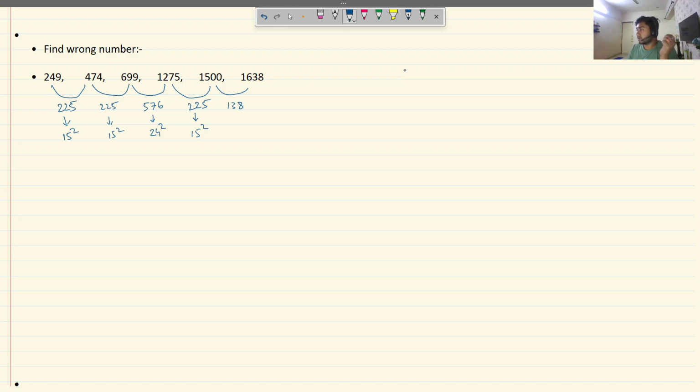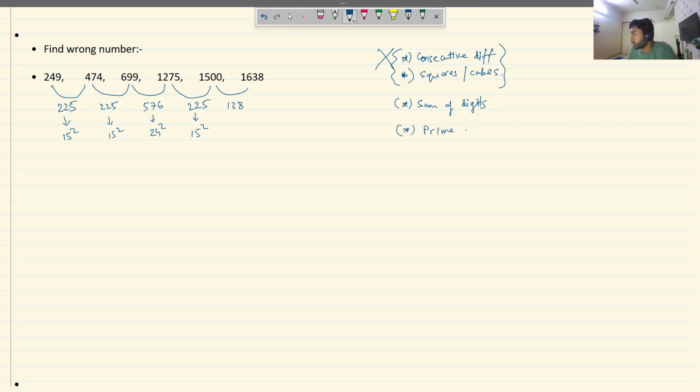When you have used your arsenal of consecutive differences, or expressing the consecutive differences or the numbers themselves in forms of squares or cubes, and still do not find anything, then start looking for things like sum of digits or prime numbers.